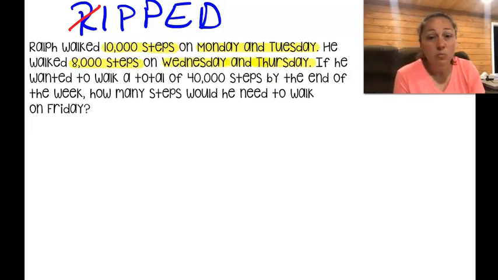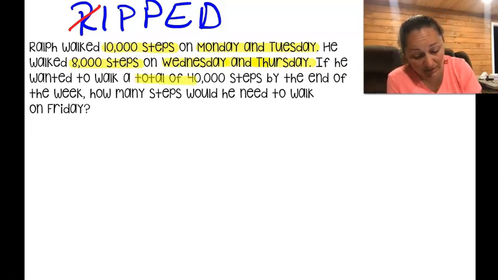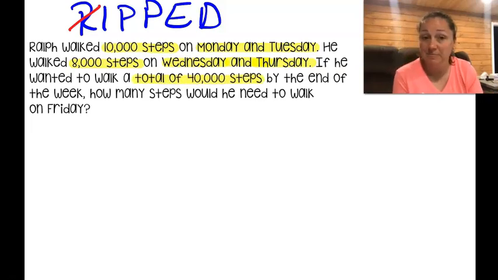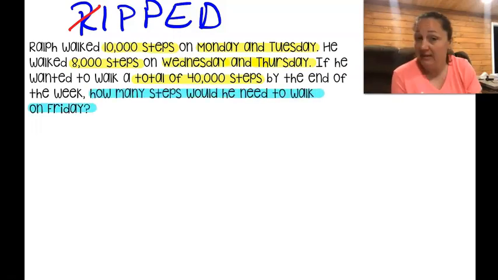Now, he wants to walk a total of 40,000 steps by the end of the week, so 40,000 steps is important. How many steps does he need to walk on Friday? That would be my question.